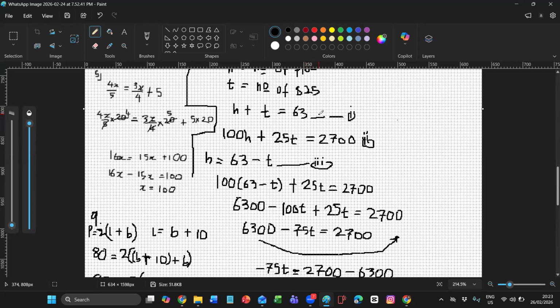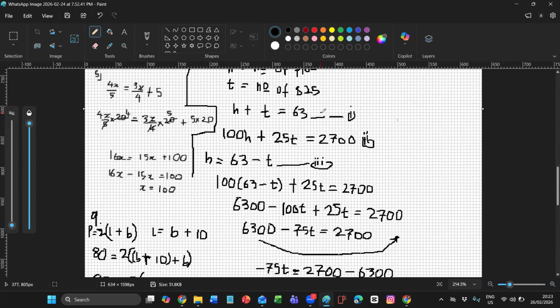Somebody would say a calculator would have helped me. But let's pretend we didn't want to use calculators. Then I would have gone for 100, because 100H plus 100T would have given me 6,300, and that would have made it easy for me.